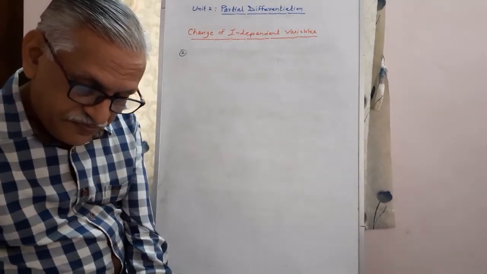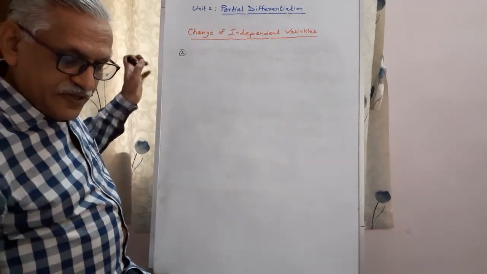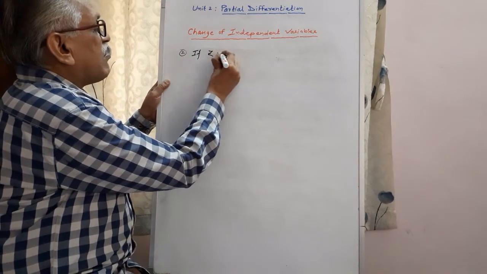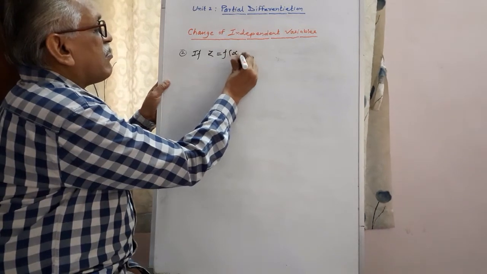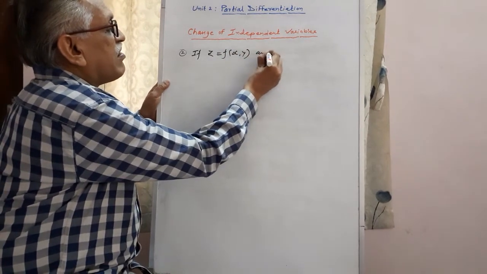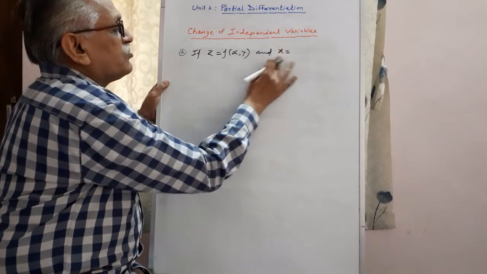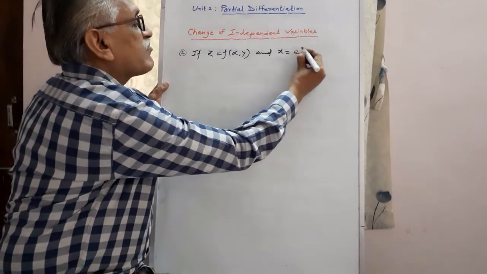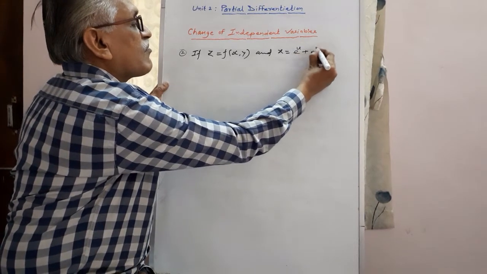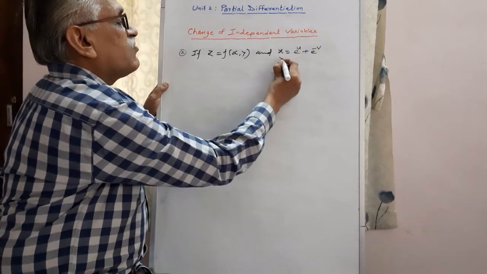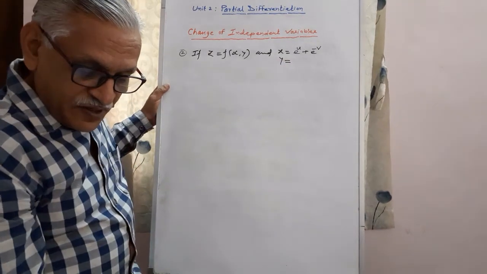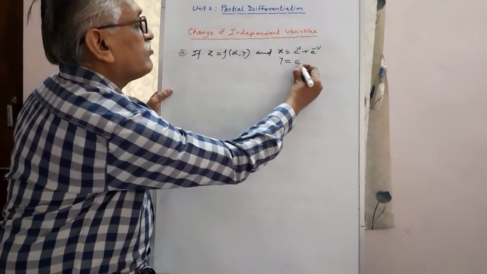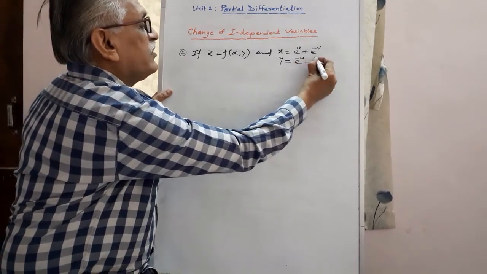Second problem: if z is a function of x, y, and x is equal to e raised to u plus e raised to minus v, and y is equal to e raised to minus u minus e raised to v.